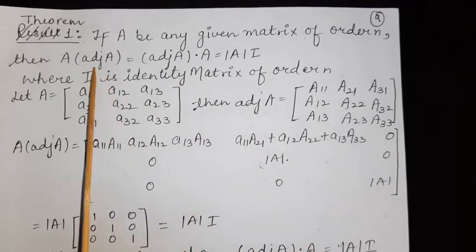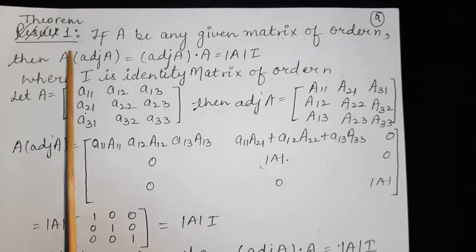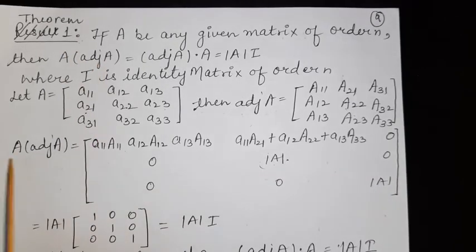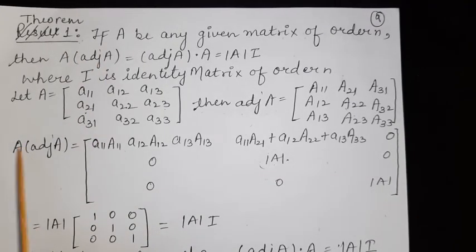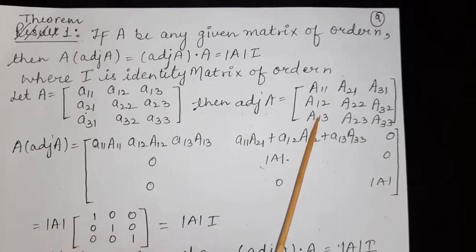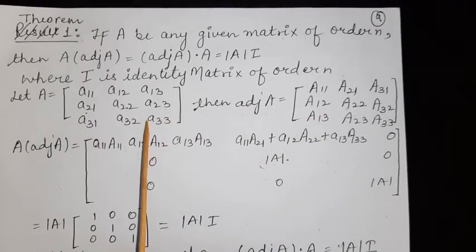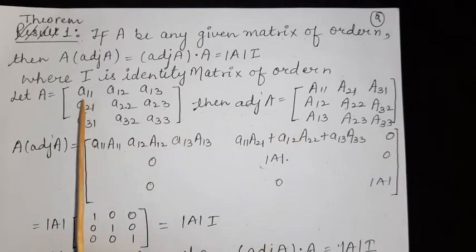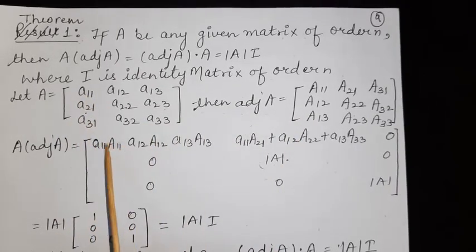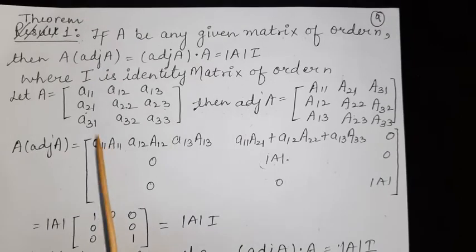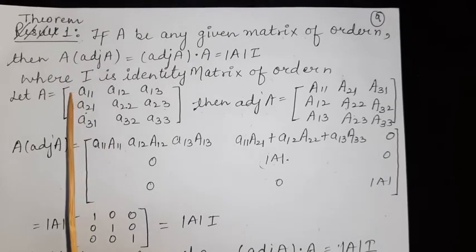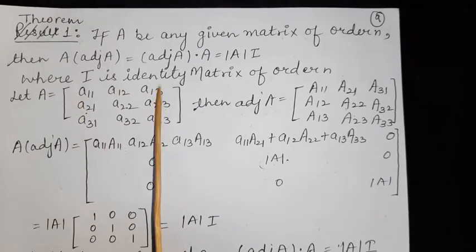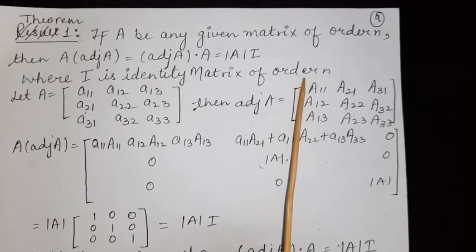Now according to our result, we have to multiply A with its adjoint. So let's take the product here. This is our A and this is adjoint A. So we will apply the concept of multiplication of two matrices here. See, we get the first element when we multiply the elements of the first row with the corresponding elements of the first column.